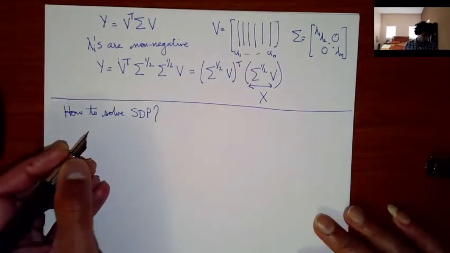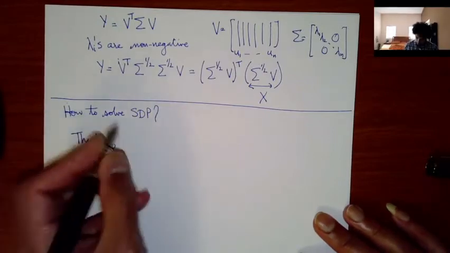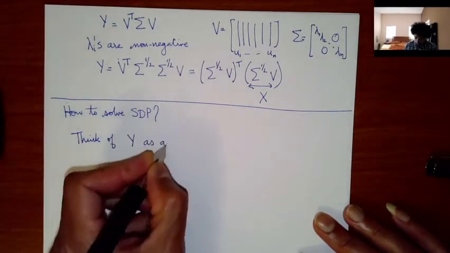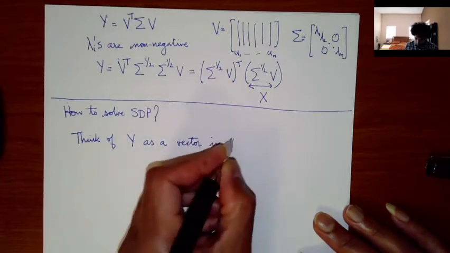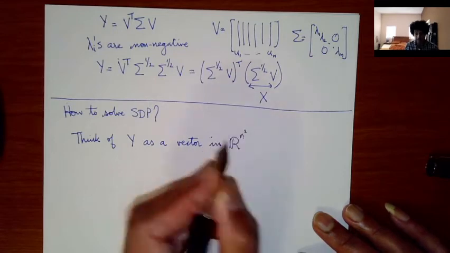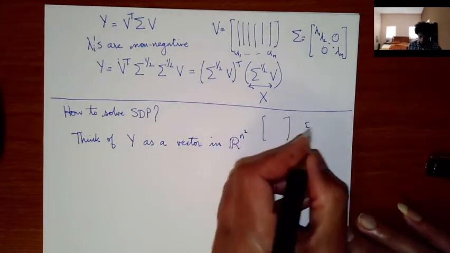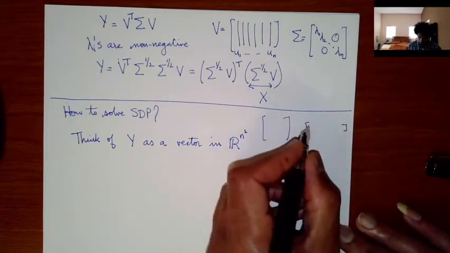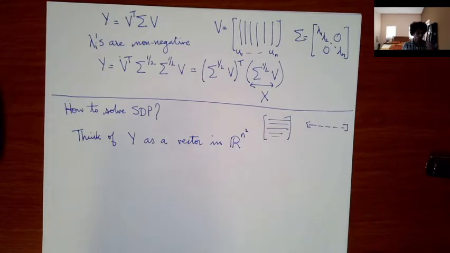So think of Y as a vector in R to the n squared. It's a matrix, but you can also think of it as a really long vector just by putting the rows one after each other, or the columns one after another.